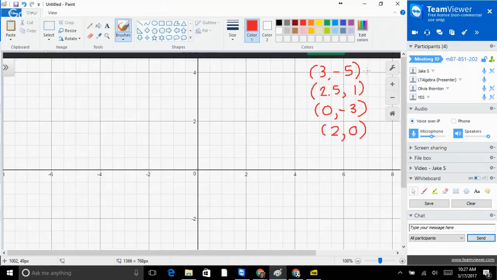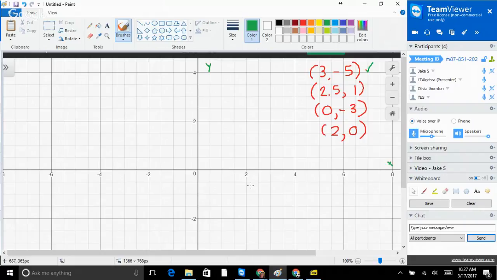The first one we have is 3, -5. I should have color coded these. Remember, our x and our y. Starting off, you might always want to label those x and y. It's not a bad thing until it sticks in your brain. So this means we have +3x.